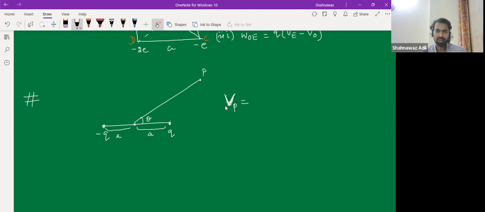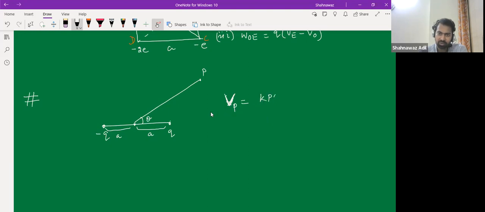Remember, forgotten. Rabia, what is the potential at P due to dipole? Yeah, what is the potential at P due to dipole? Sir, is it PK cos theta? Yeah, so KP cos theta.